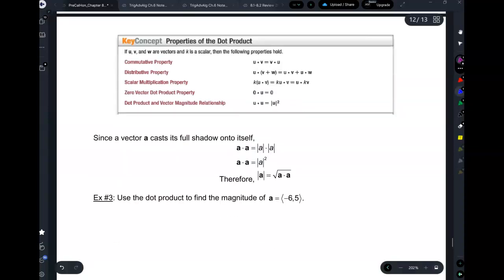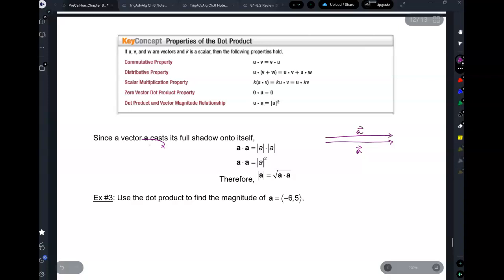Let's take a look at the same thing in terms of A. Suppose this is vector A. Let me make it more straight. Okay, this is vector A. Now I want to draw a second vector A.